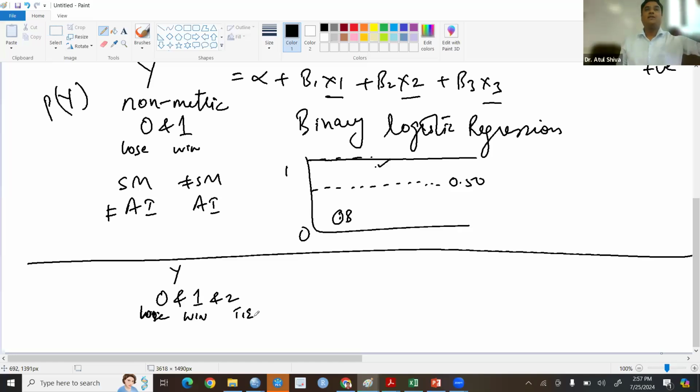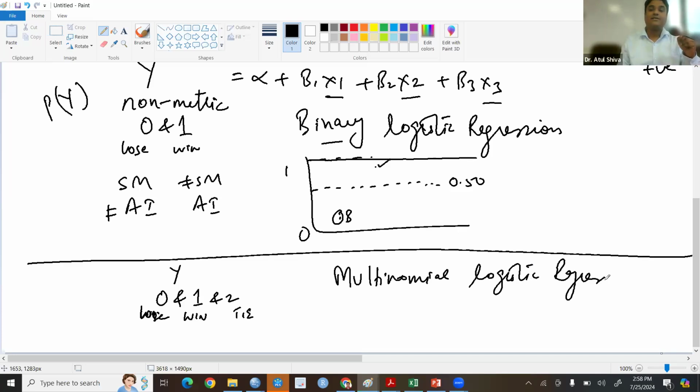So when the dependent variable has more than two categories, and you have independent variables, then you apply multinomial logistic regression, because binary means two categories, multinomial means more than two categories. Again, this will give the probability of happening or non-happening of an event.